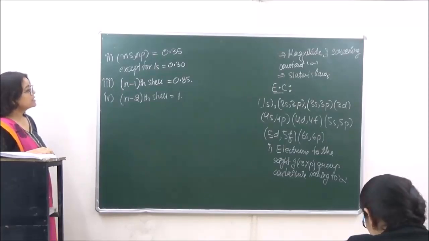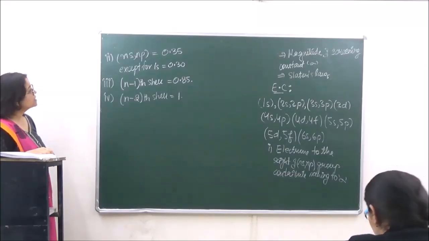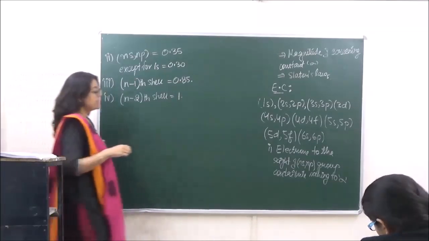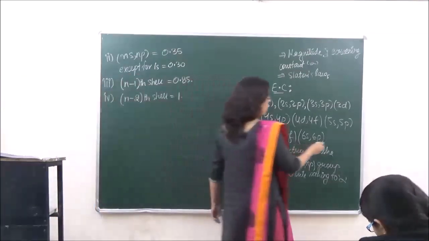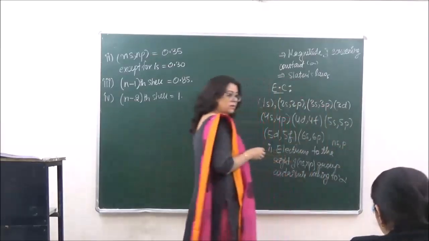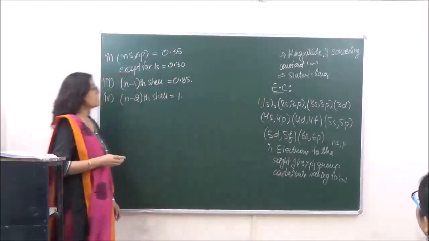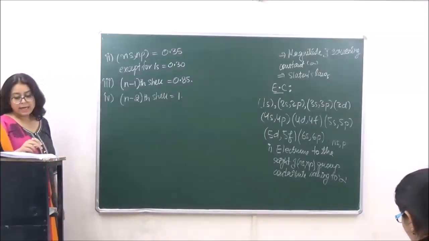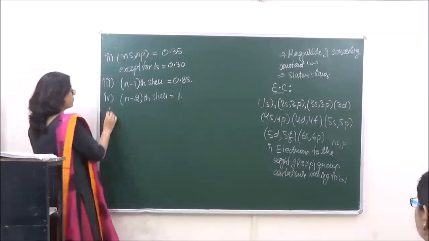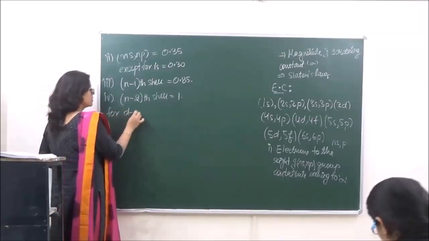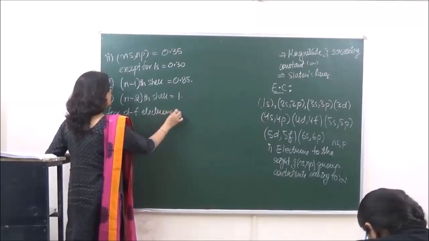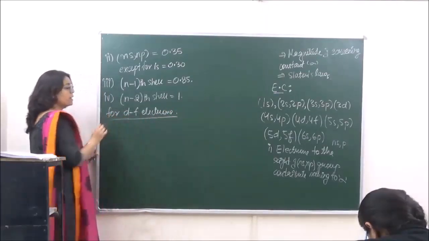Now these laws, the first, second, third and fourth points which we have done over here, are only true for s and p electrons. For d and f electrons, we follow another rule.